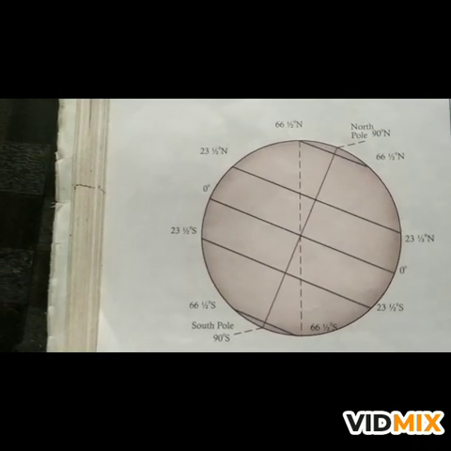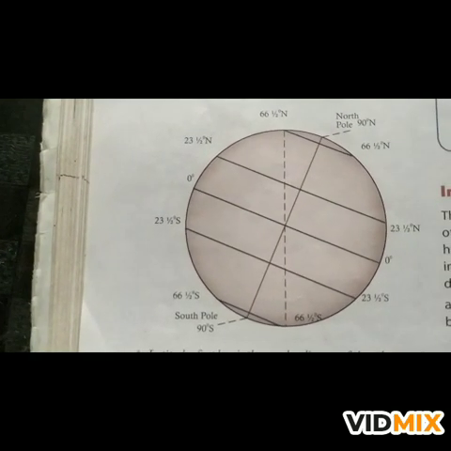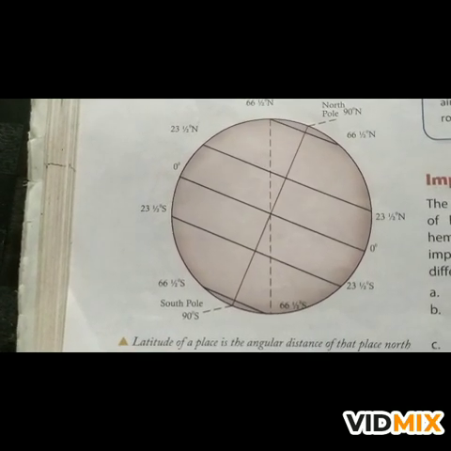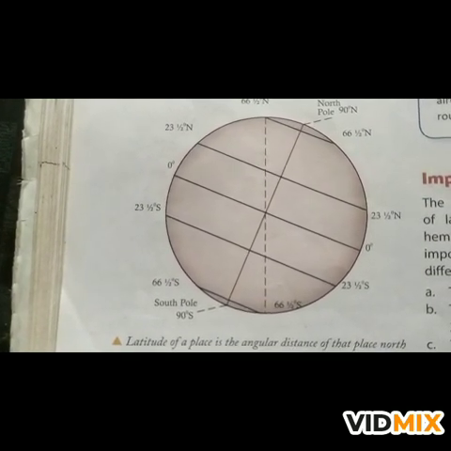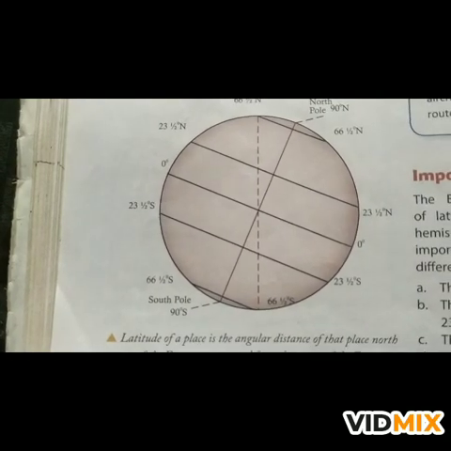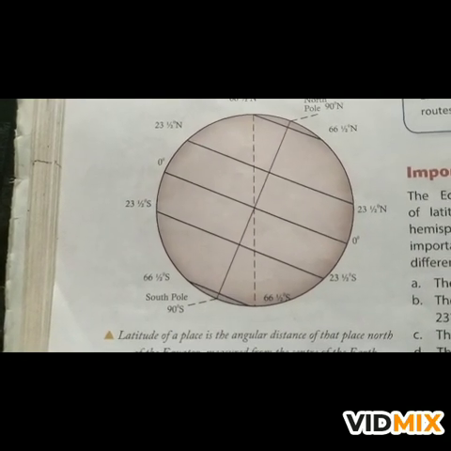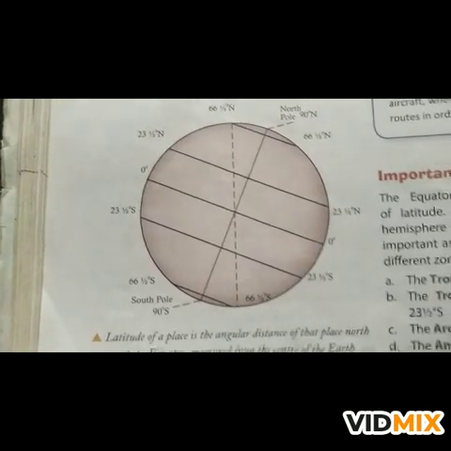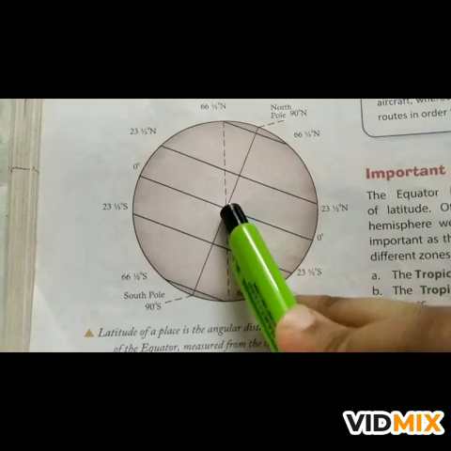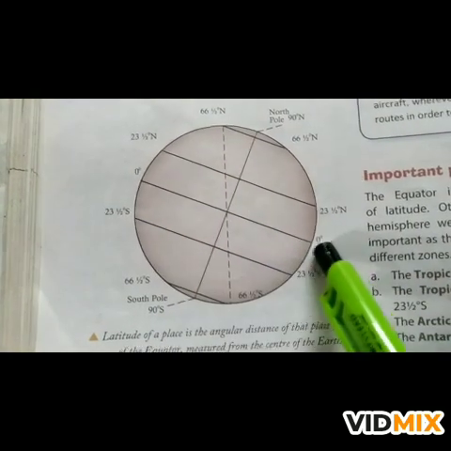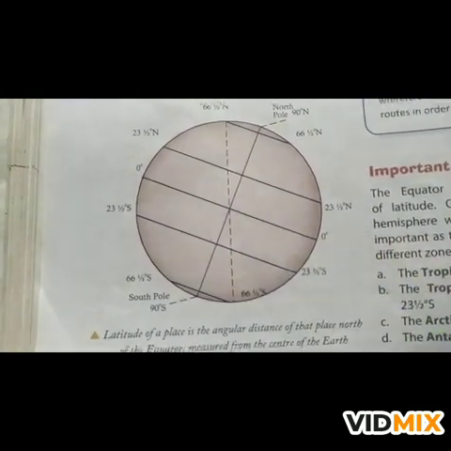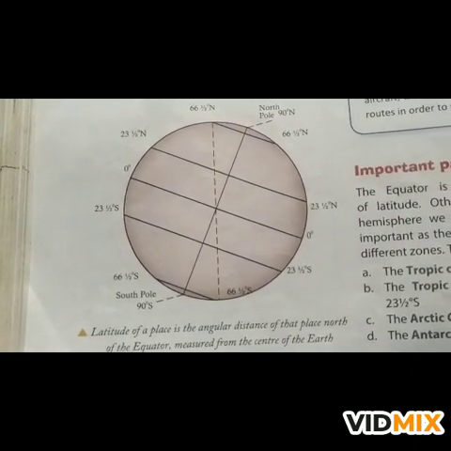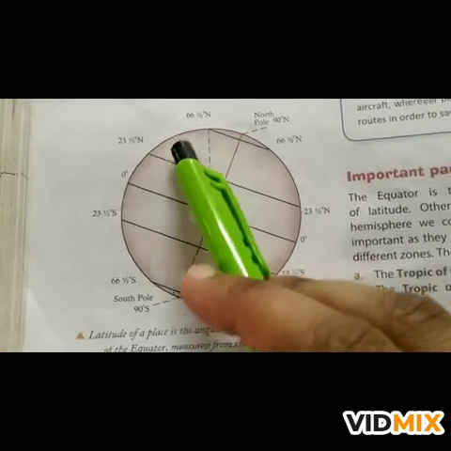Students, the next is the number of parallels. Now, there are 181 parallels. The latitude of a place is the angular distance of that place north or south of the equator, measured from the center of the earth. It is measured in degrees, as the equator is the starting point.